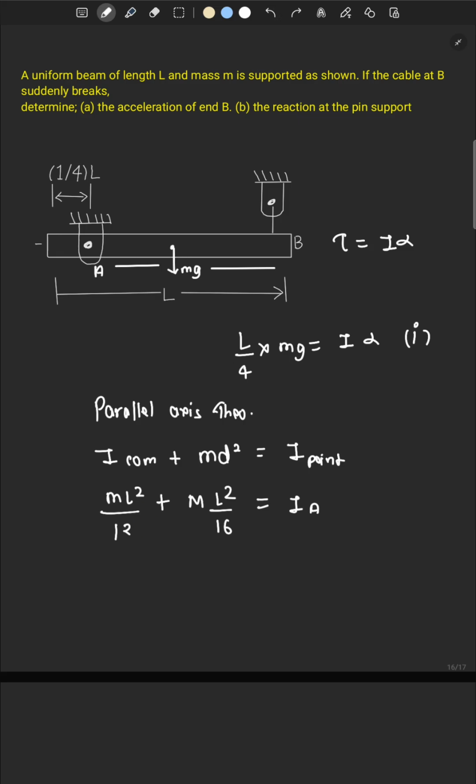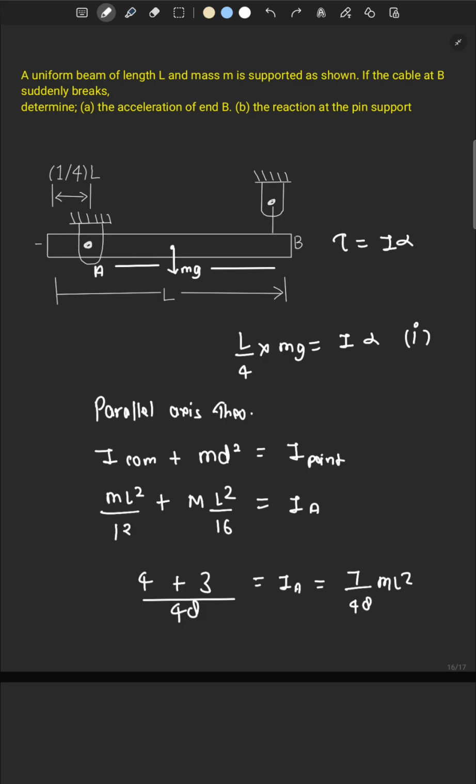So how are we going to calculate? We know the center of mass moment of inertia is mL square by 12, plus mL square by 16, since this distance is L by 4, so L square by 16, is equal to I_A. So the value comes out to be 7 by 48 mL square.